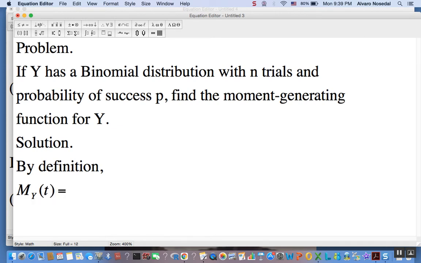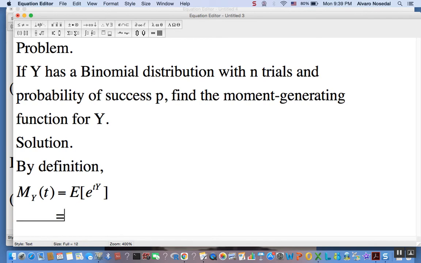By definition it is just the expected value of e to the power ty.